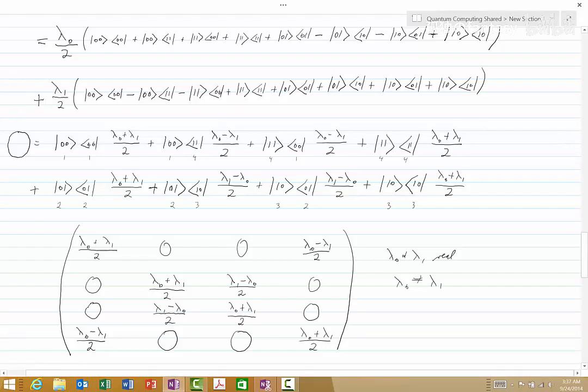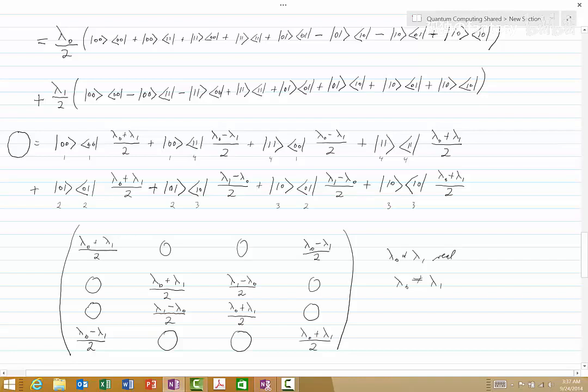So again, in the 1, 1 element here, and the 1, 4, 4, 1, 4, 4, 3, 3, 2, 3, and in the 2, 2 element. So if we put all of that together with the correct coefficients in each case, we finally arrive at this 4x4 matrix. And let me read this off to you just to make sure you get it.